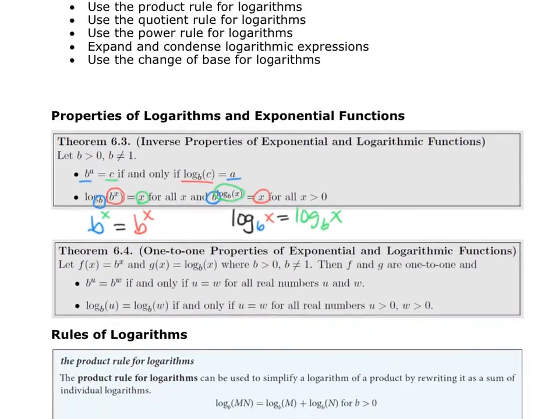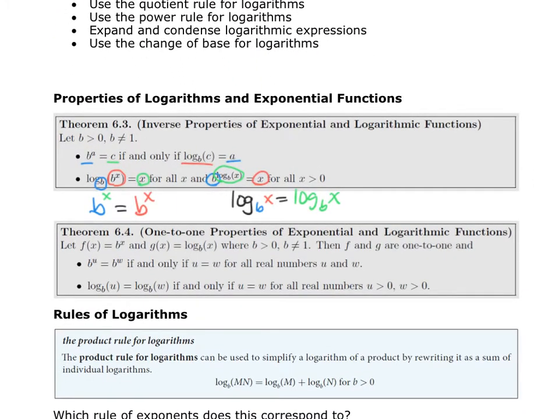Now, with our next theorem, 6.4, if we have b raised to the u, and I have b raised to the w, this only holds true if u and w are the same numbers. This is going to be important later in this chapter.